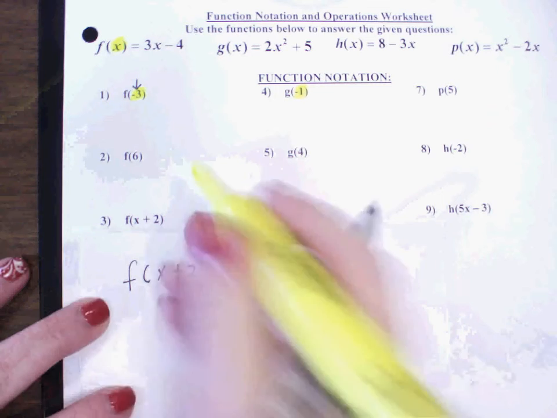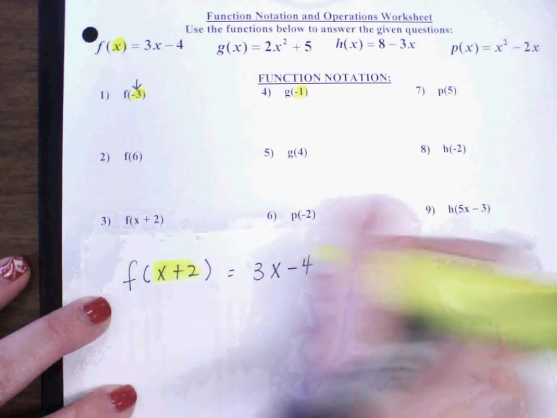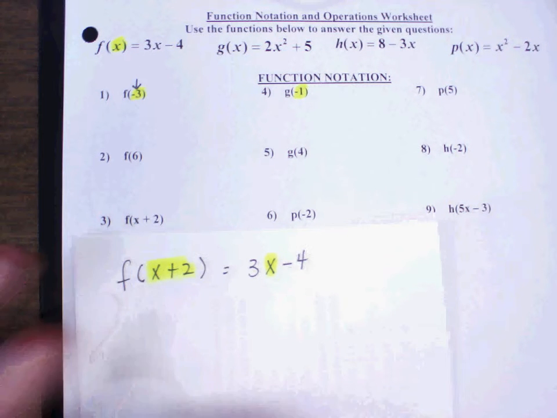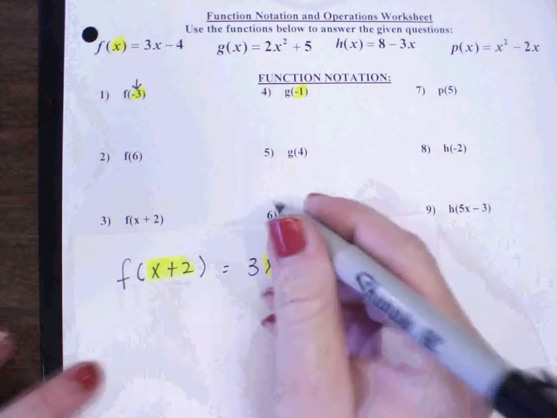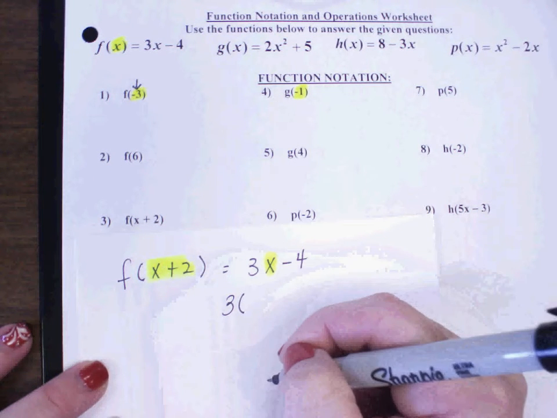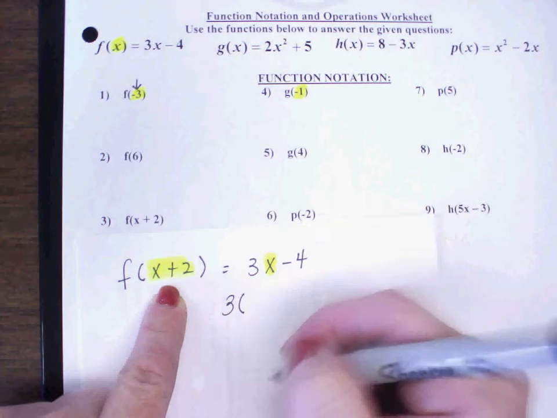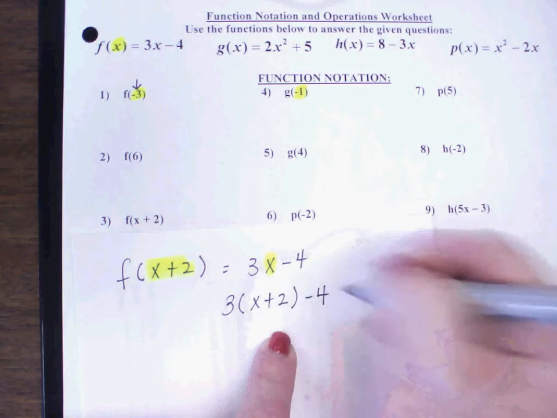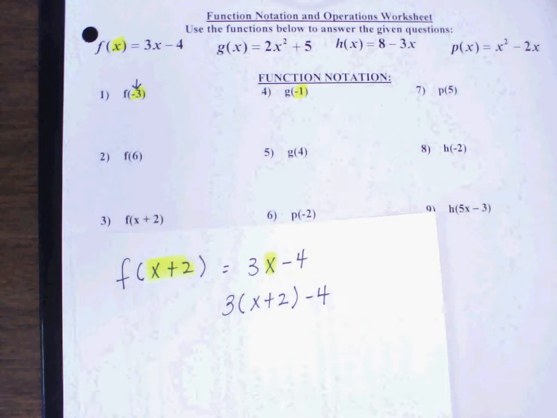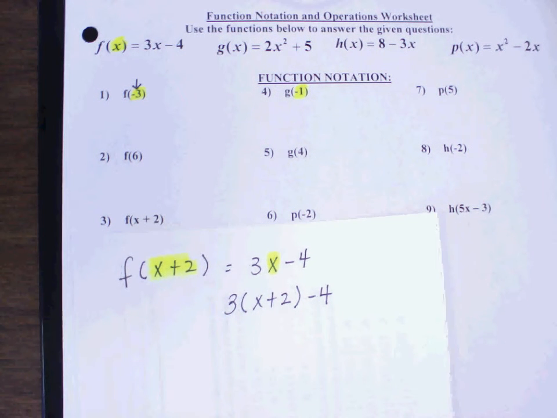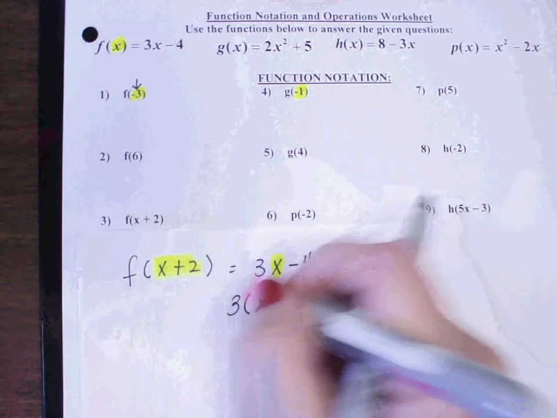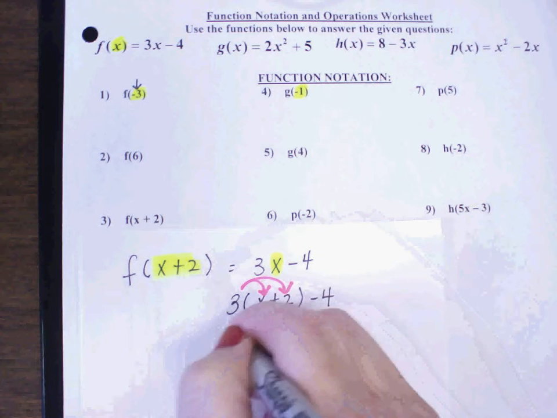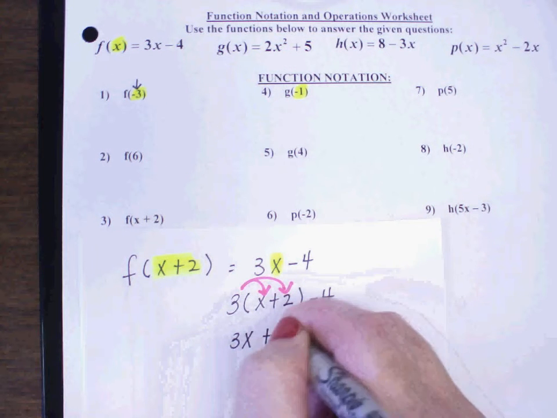What do you have to do with that 3? Distribute it. Very good. So this would be 3 times x, 3x, and 3 times 2 is 6. And then you can do 6 minus 4. And f of x plus 2 is 3x plus 2. And that's your answer.